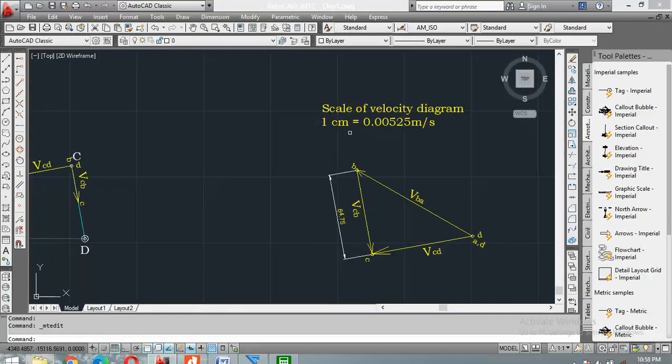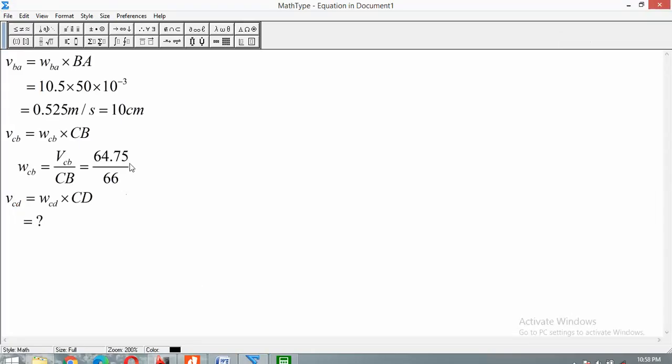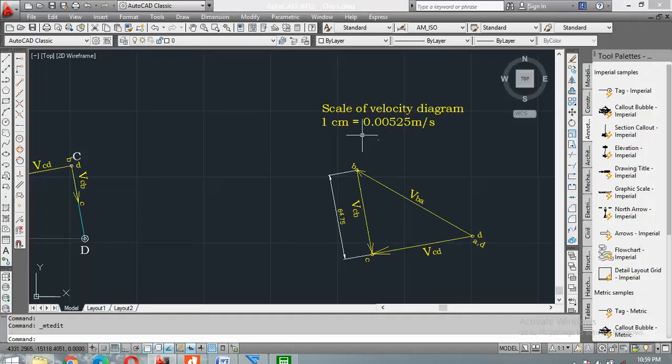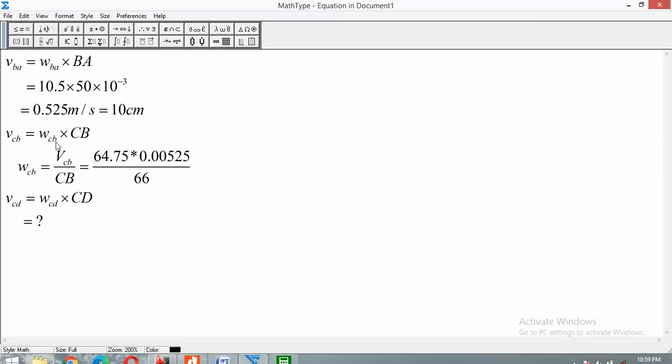If 1 centimeter indicates this much meter per second, then 64.75 multiplied by this. So I will write down 64.75 multiplied by 0.00525, because I have to use the unit as meter per second whenever I use this equation.